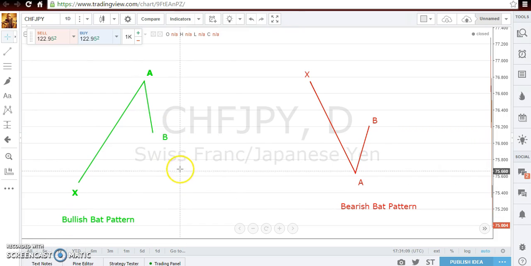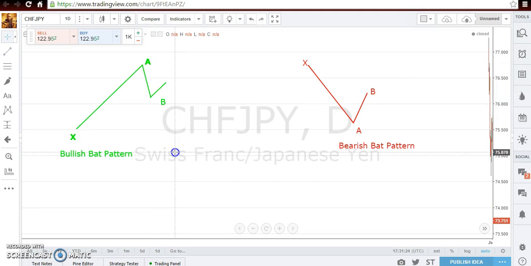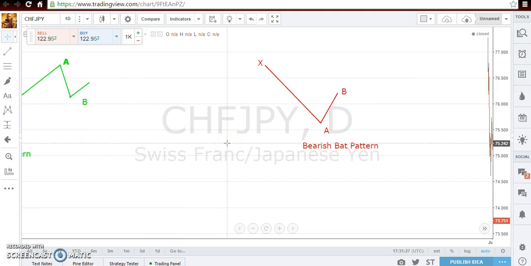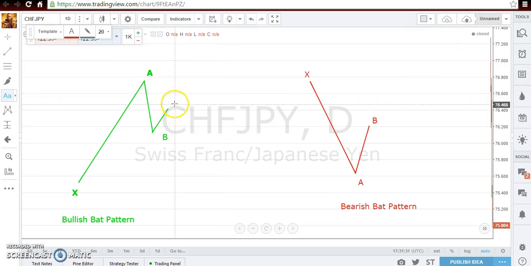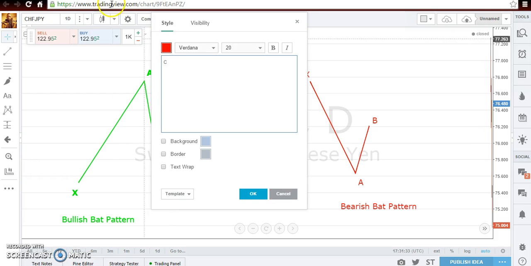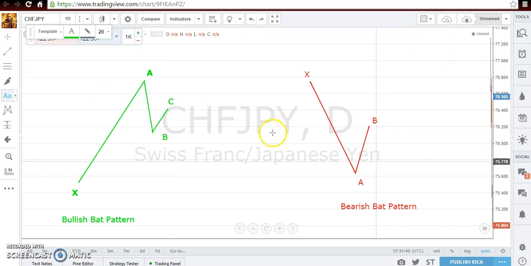The next rule in trading this pattern is to introduce another impulse leg after the A to B retracement, and this impulse leg we're gonna label C. So we've got the impulse leg, and we're gonna label that C. We're gonna do the same with the bearish bat pattern as well.